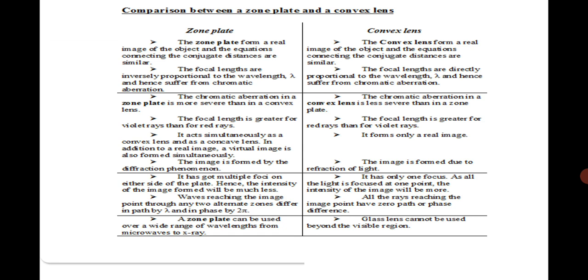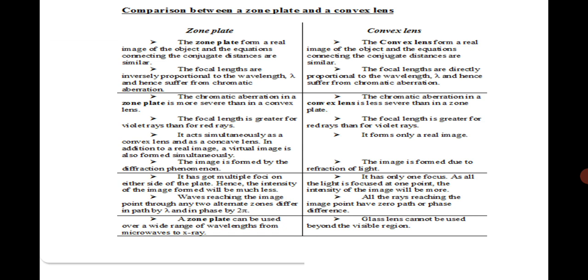Point 5: it acts simultaneously as a convex lens and as a concave lens. In addition to the real image, a virtual image is also formed simultaneously. Point 6: the image is formed by the diffraction phenomenon.